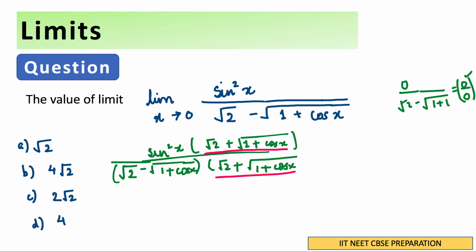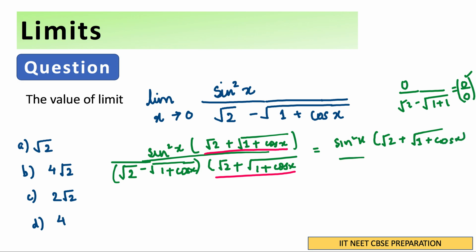And now let's see what we get after multiplying these terms. So the top will remain as it is, that will be sine square x into root 2 plus root 1 plus cos x.